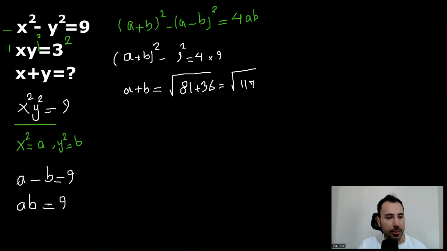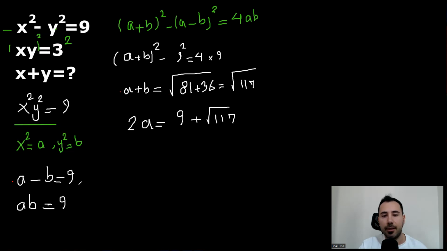Now, we just need to use this equation and this equation to find A and B. I'm going to add the two equations together. So if I add these two, this B will go with this B. So we will have 2A would be this 9 plus the square root of 117.